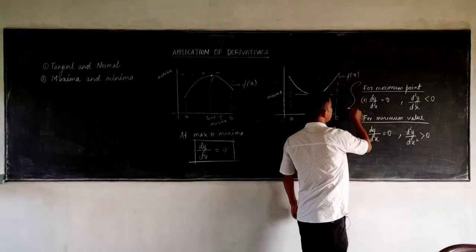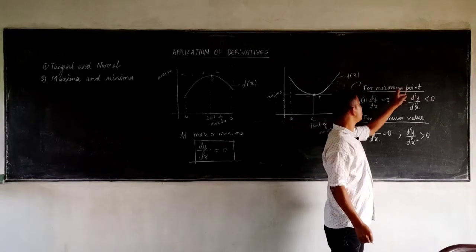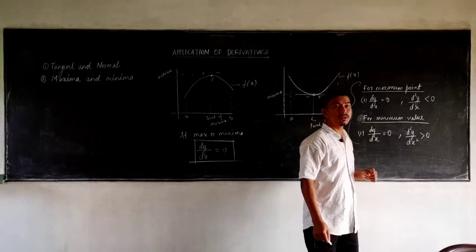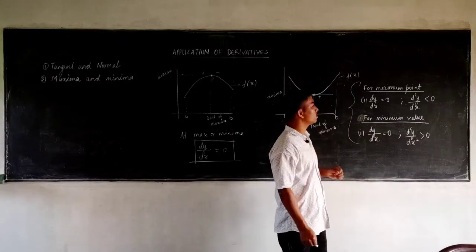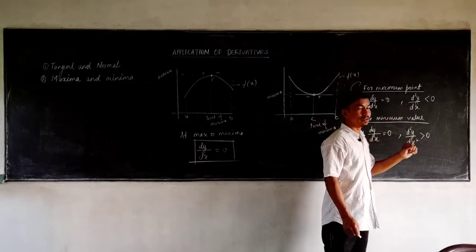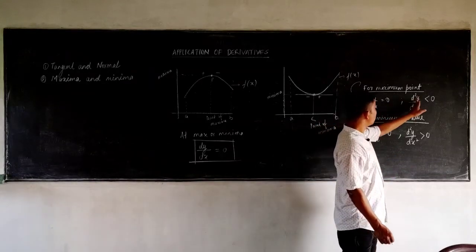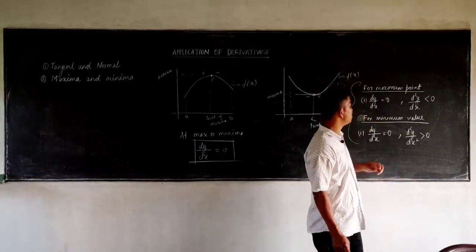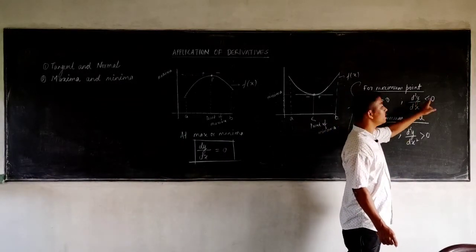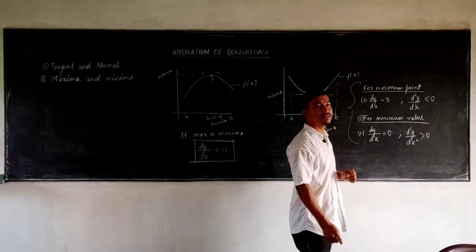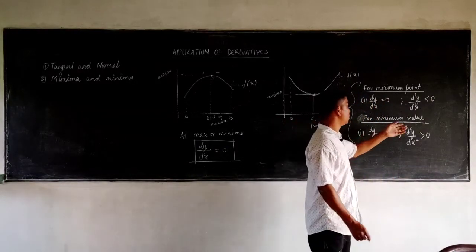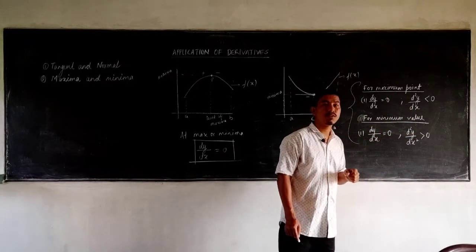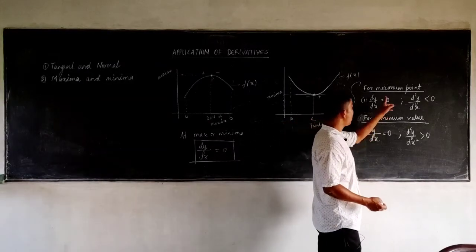Finally I write these two conditions here. For a maximum point, the first order derivative, dy by dx, equals 0, because the slope of the tangent at the given point will always be equal to 0. And the second condition that can describe whether a value is a minimum or a maximum is that if the second order derivative is less than 0, that is, if it comes out to be a negative number, then at the given point the function has a maximum point.